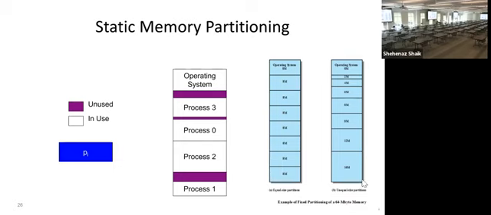One of the limitations with this approach is that whenever we load a process, the process may not need the entire partition space, and thereby it may have been allocated more memory capacity than is required.